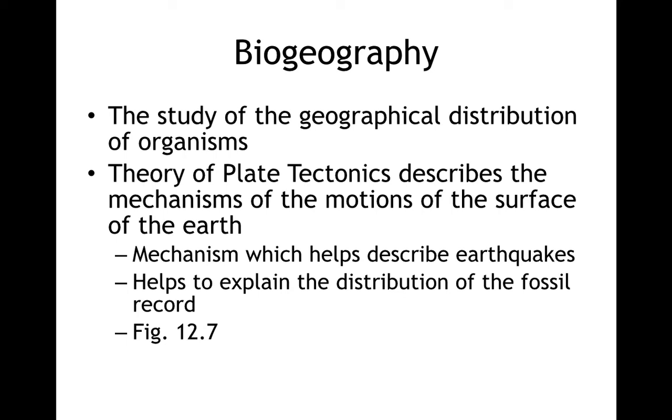I'm not sure if I said Australia or not, but all these were combined together. So this helped explain the distribution of the fossil record and why it was so odd, why organisms appeared to be related to one another, even though there were thousands of miles of oceans separating them. And this fit in with the geological record and with the biological record of organisms.